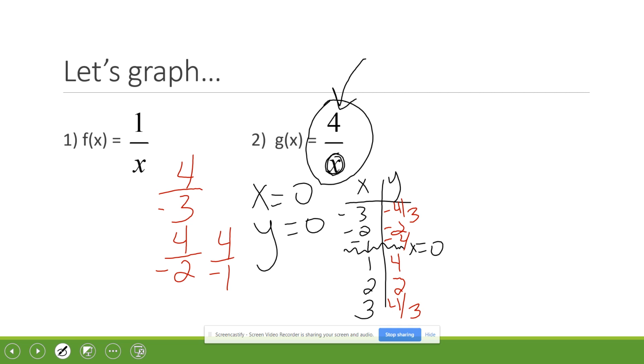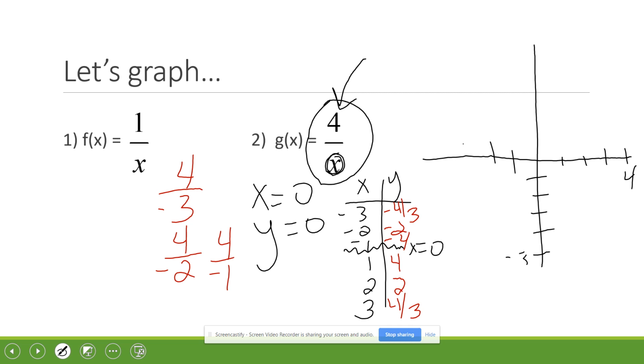So for our graph, I'm going to go ahead and put our asymptotes in.